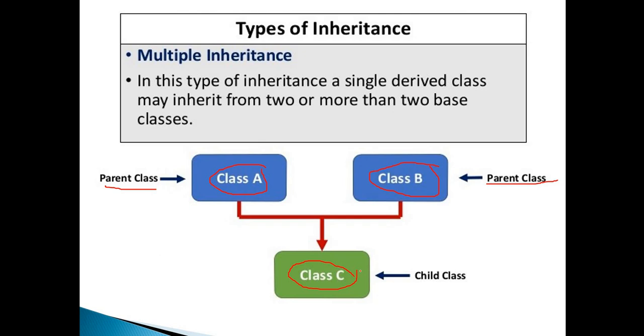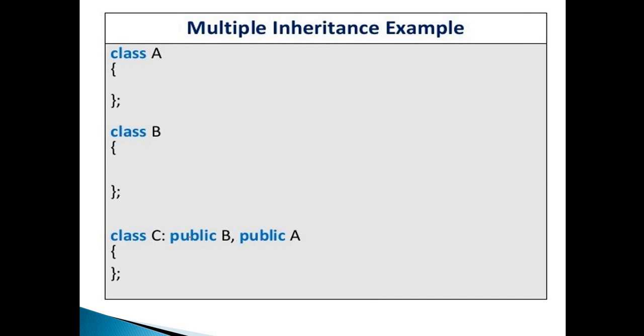If one derived class, our one child class, will access data from more than one base class, it is called multiple inheritance. So multiple inheritance is defined as having more than one base class. You can see this is class A, then class B, and now class C will be accessible from both these classes.